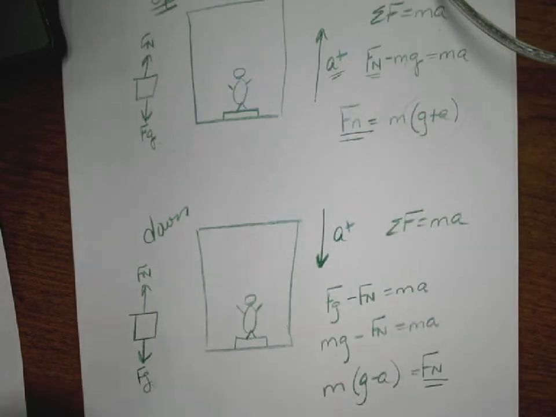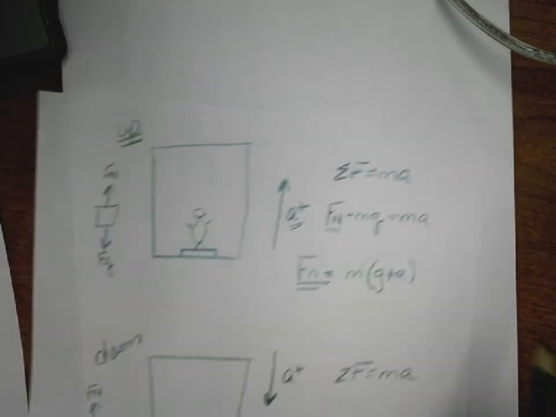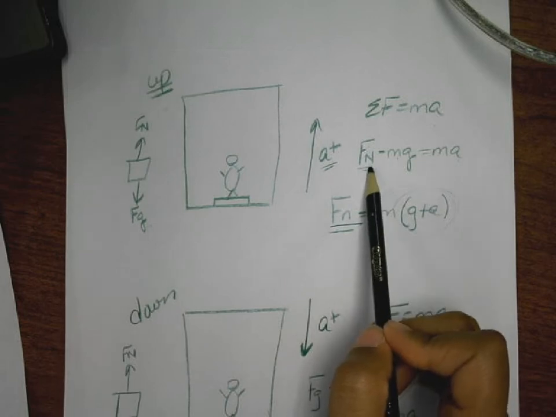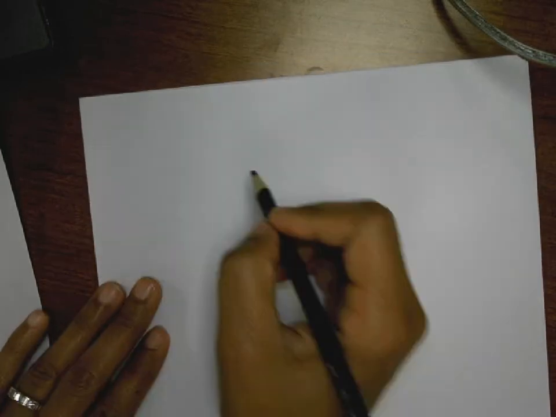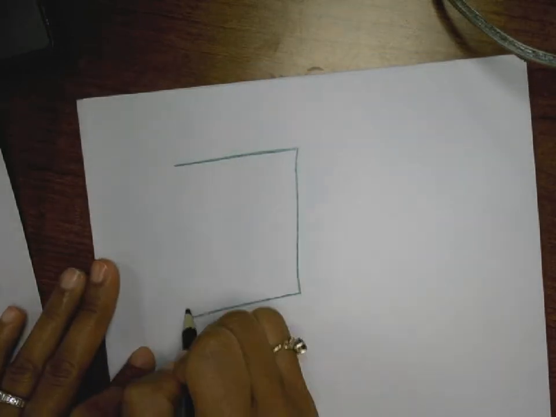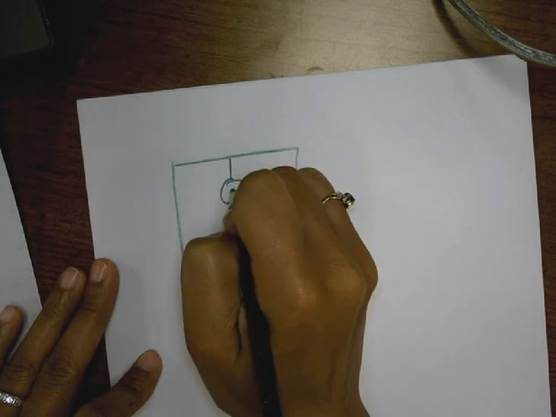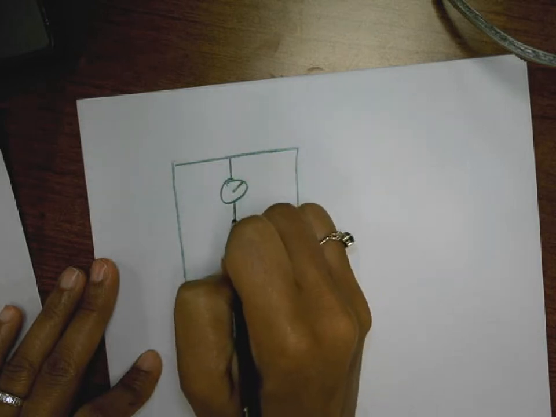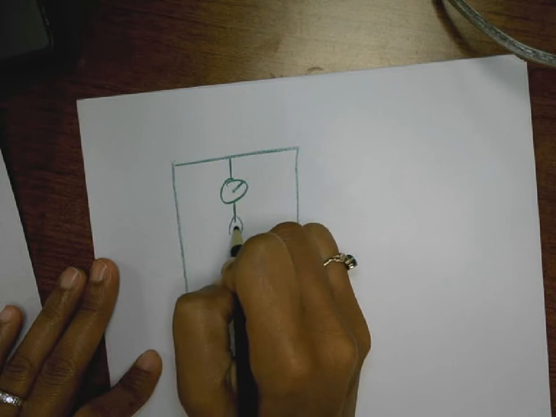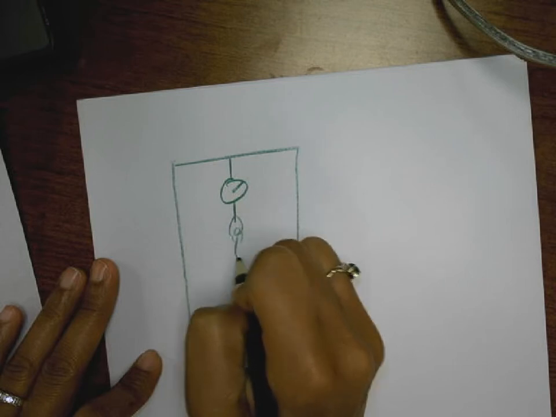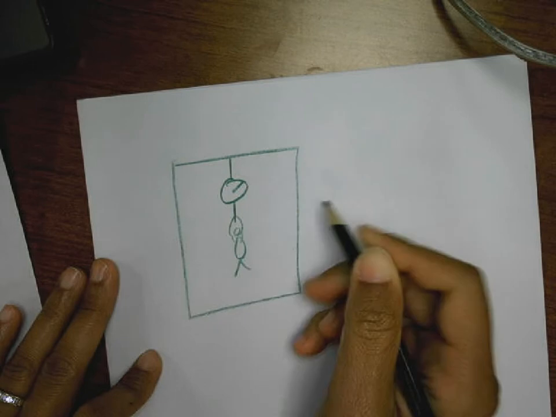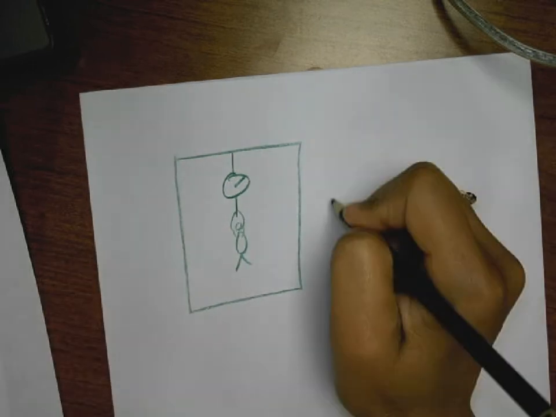Can you get the same results from the scenario where you're hanging on a string with tension? Sure. F_n all of a sudden becomes F_t. And I'll do that really quickly. So put you back in an elevator. Now I have my scale. I have a string. And there you are, frantically hanging on to the string.